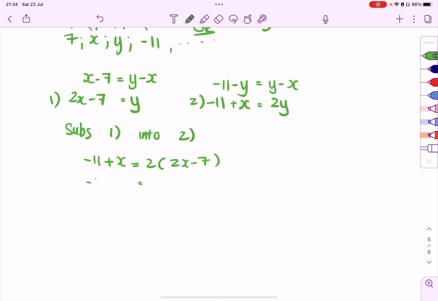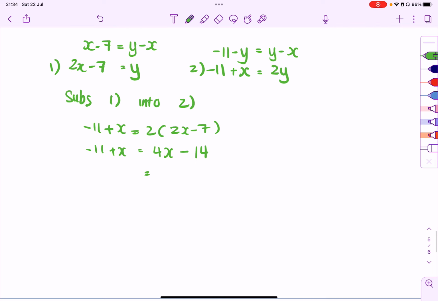So let's simplify this. x is on one side. Minus 11 plus 14, it is 3. Sorry, it is 4x minus x, so therefore it's 3x. So x is equal to 1.